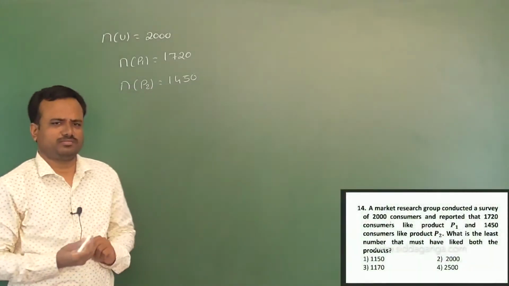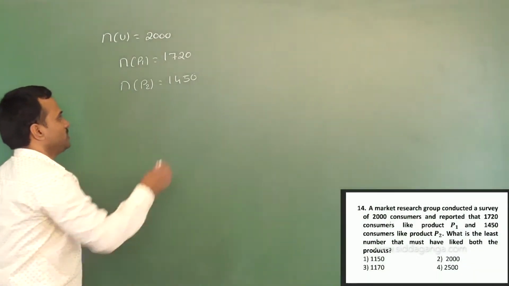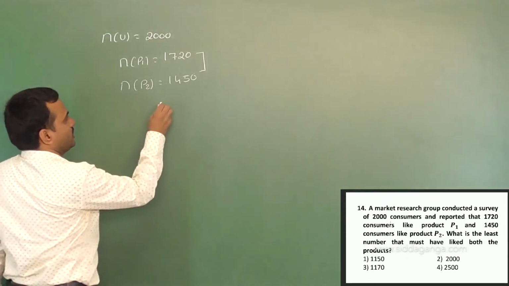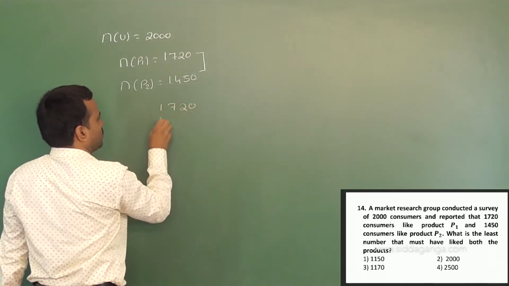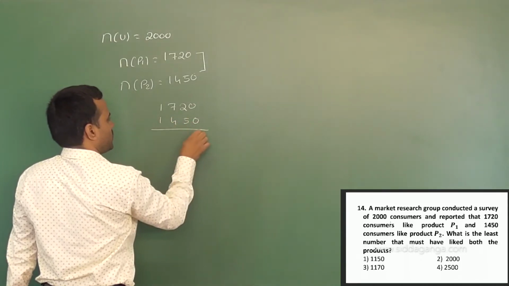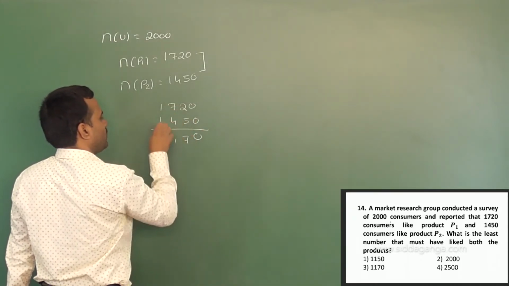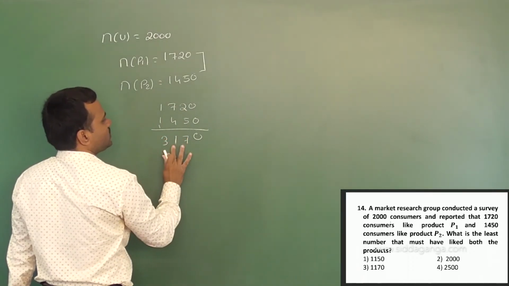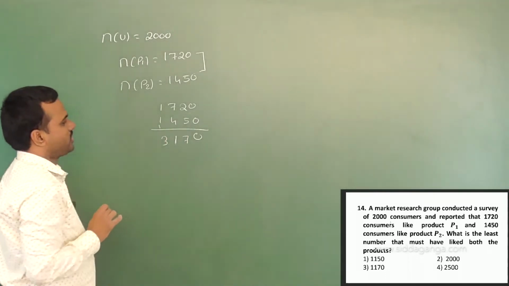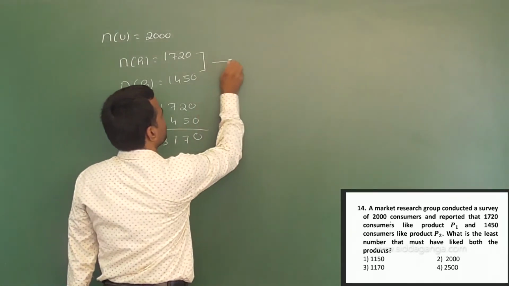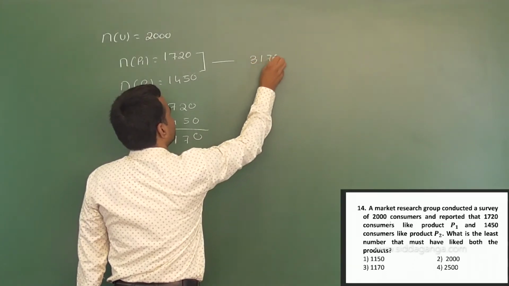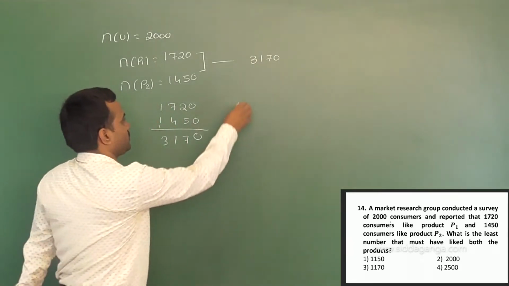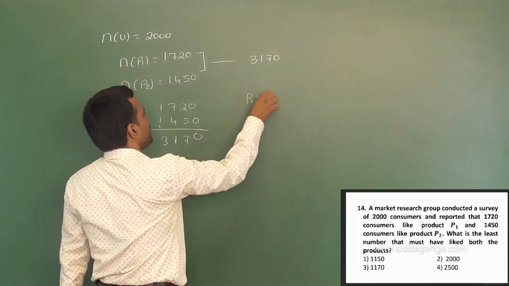The theoretical method is very lengthy. What I do, I add these two first: 1720 and 1450. Add these two, we get 3170. This is P1 union P2.